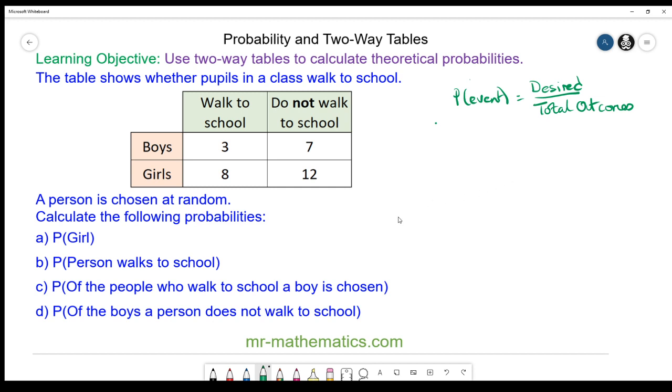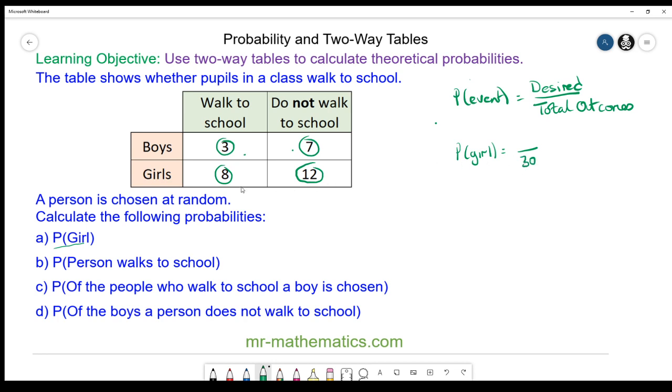So a person is chosen at random. We're going to calculate the probability of that person being a girl. So in our total sample, our total number of outcomes, we've got all of these frequencies. So we're going to add them together, and we've got 8 and 12, which is 20, 23, and 30. So the probability of choosing a girl is going to be out of 30.